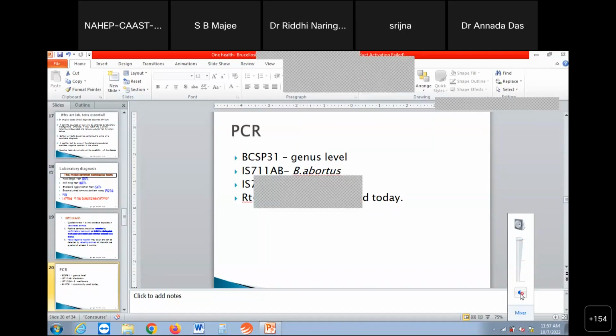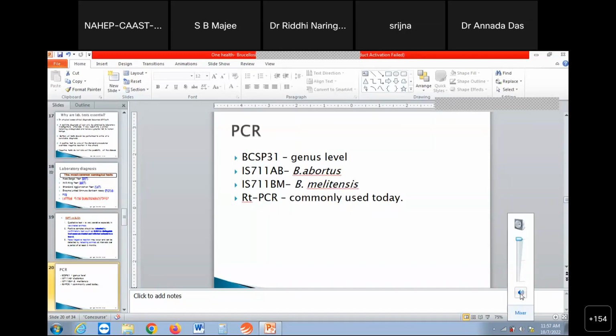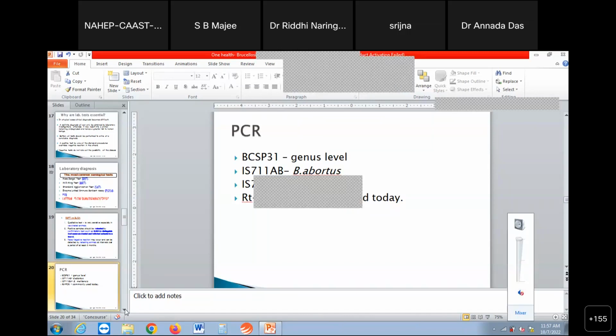That gives you a much better idea about the load of the organism within the samples tested in a population. That is why population studies become better with real time as compared to the earlier PCRs. So this was all I wanted to tell you about this slide.